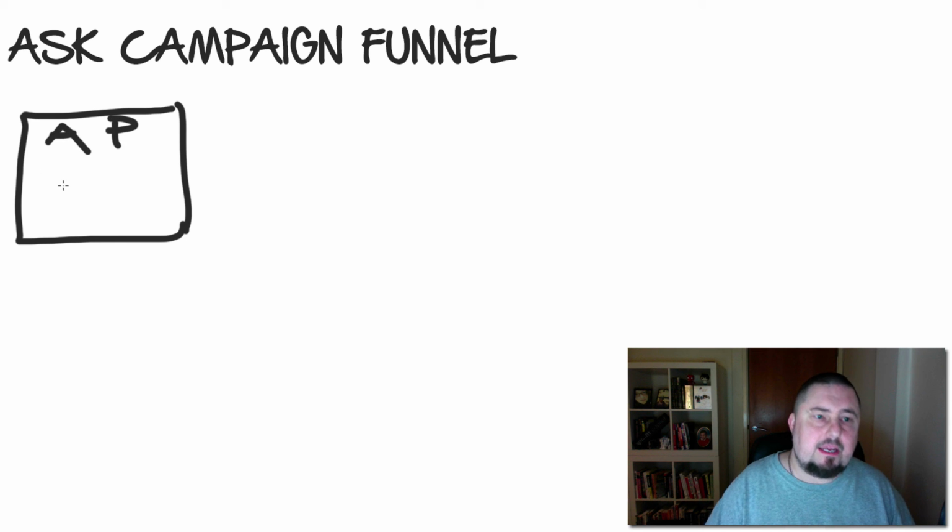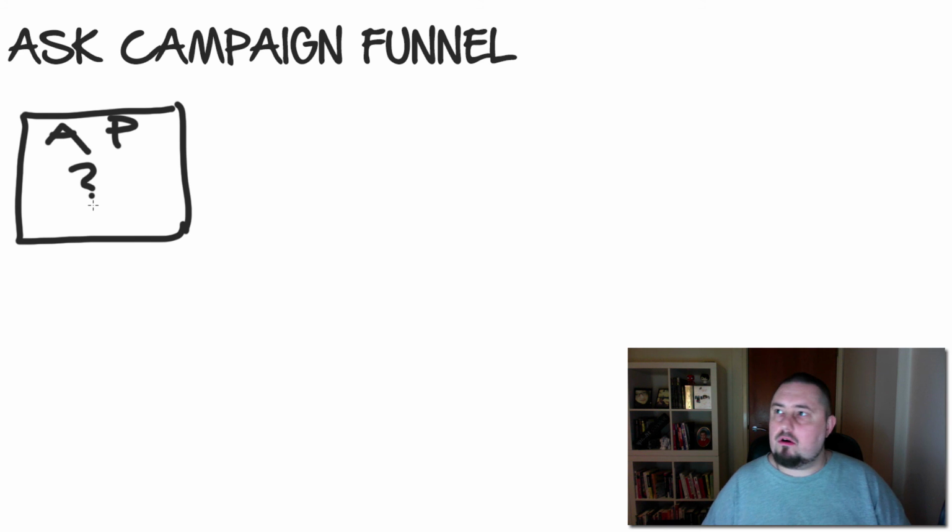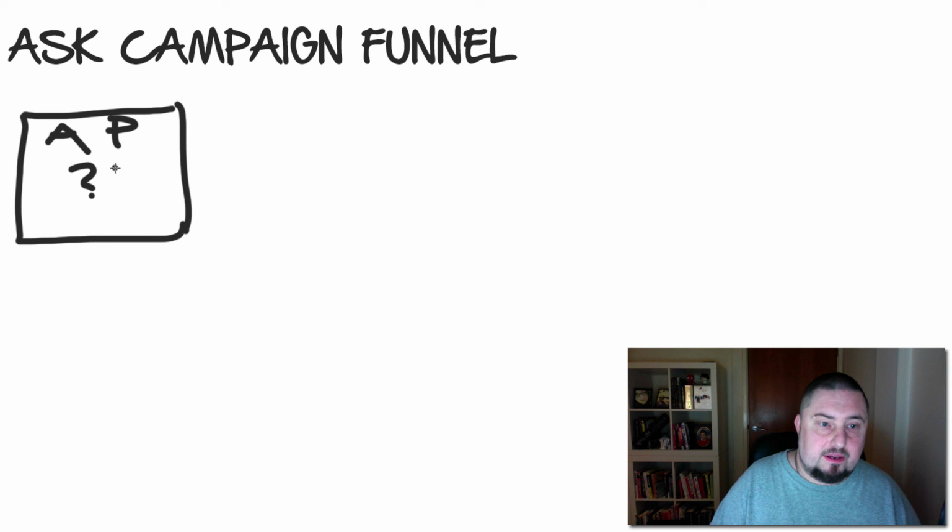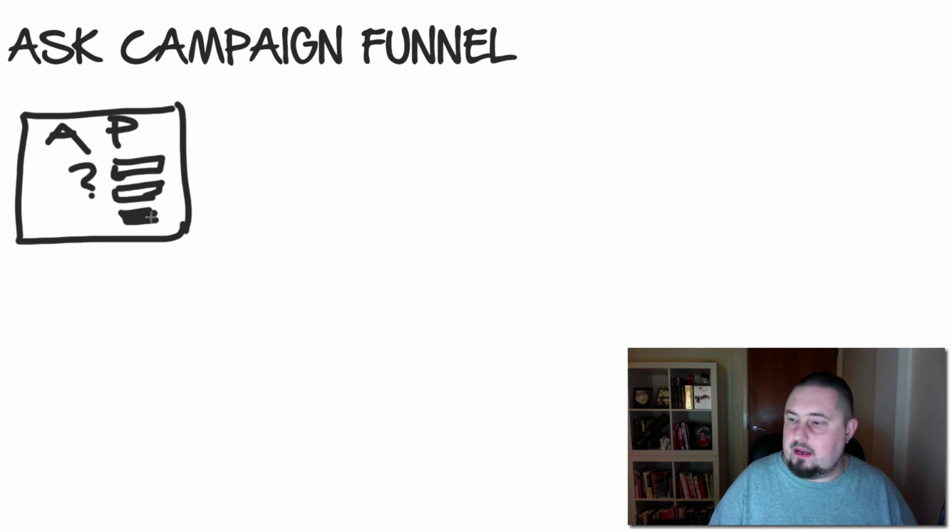We'll put AP and say, what is your #1 problem with internet marketing? Or what is the main thing you are struggling with in your business right now? And then we have a little form for them to fill in, a way for them to enter their email address, and then a submit button there.